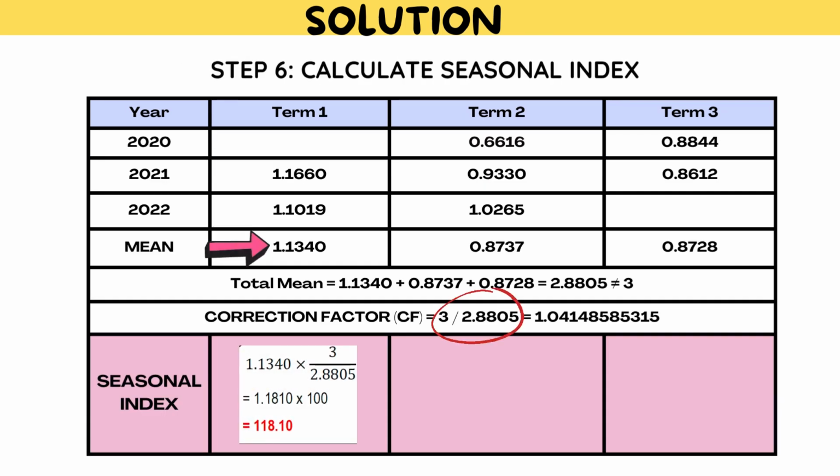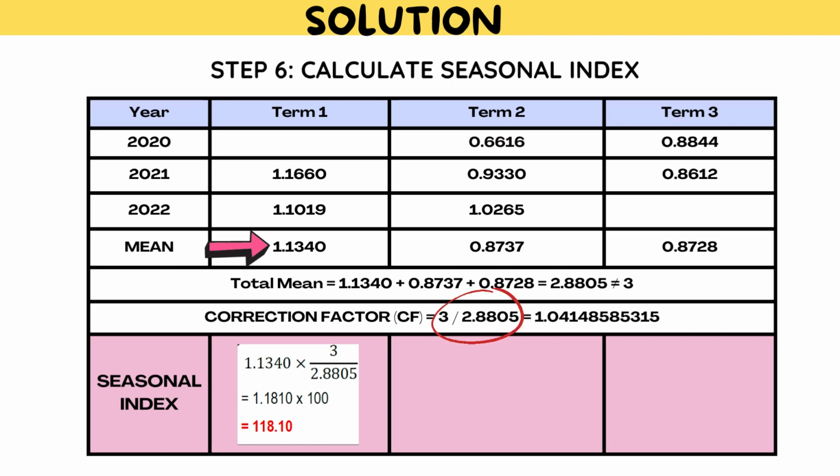After we have calculated the correction factor, now it's time to calculate the seasonal index. So, how do we calculate the seasonal index for term 1? Our mean, which is 1.1340, times our correction factor. The answer is 1.1810.